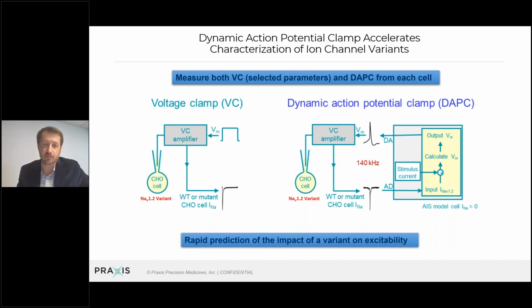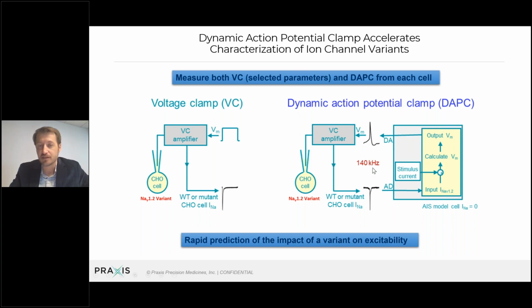We can't do them all, I'm not going to attempt them all, but we're doing activation gating, steady state inactivation, and that in turn gives us persistent current. So we've got one protocol that runs for roughly a minute and a half, which gives us some voltage clamp parameters. And then we flip the switch. This is just an add-on box, and flipping the switch turns on the dynamic clamp. That then constructs this feedback loop, which we just talked about.